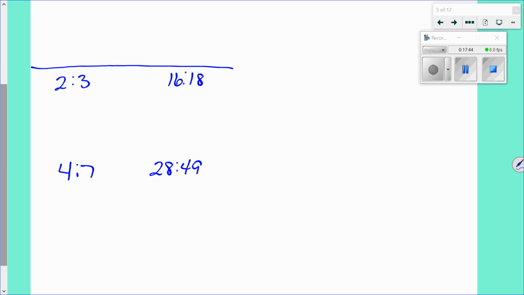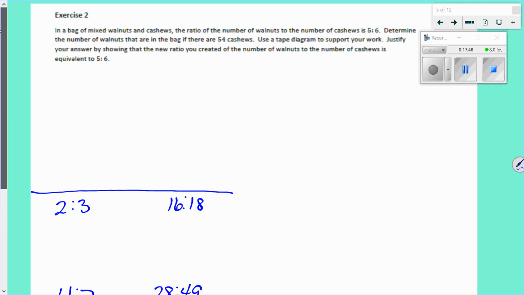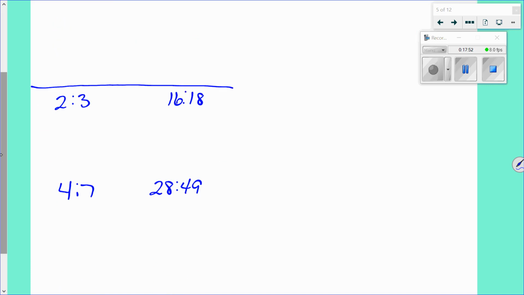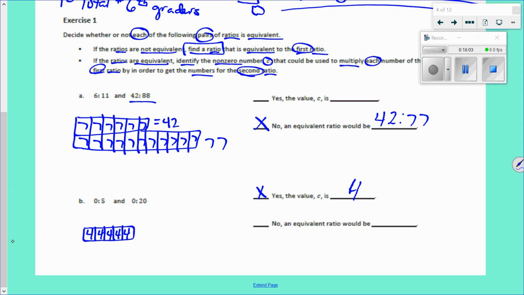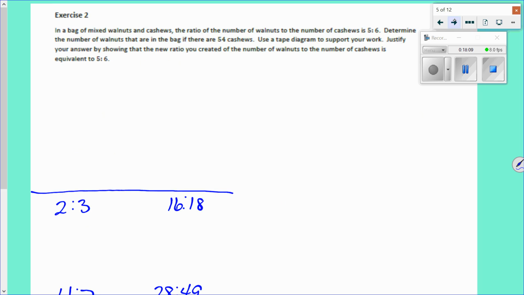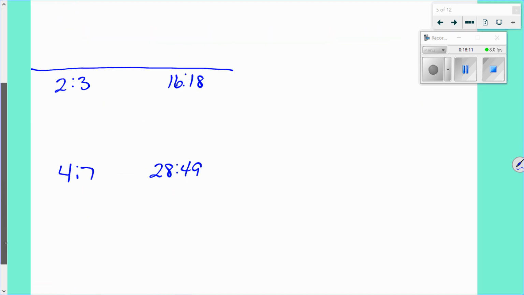Divide your paper in half and work on the bottom. So you turn the page to exercise 2, draw a line halfway down. Right under that line, I want you to write these ratios. So we're going to do the same thing we did on the previous page. I want you to compare those ratios and determine, are they equivalent? If so, what is my ratio constant? If they're not equivalent, give me an equivalent ratio to the first set of numbers.